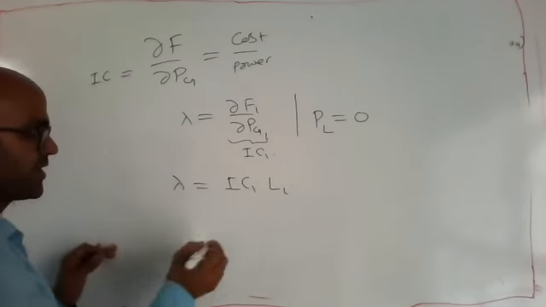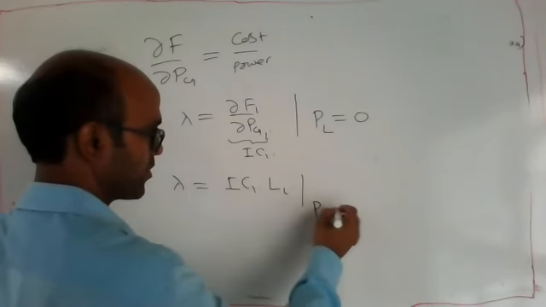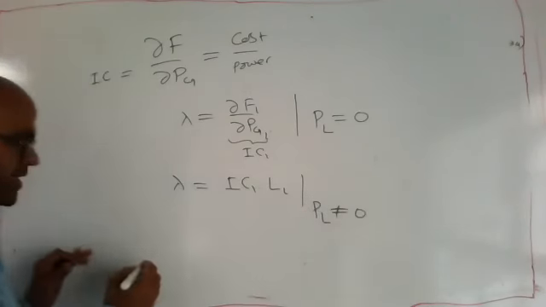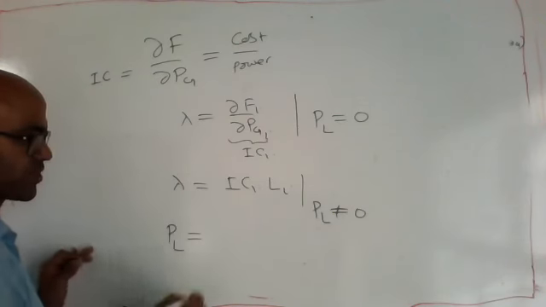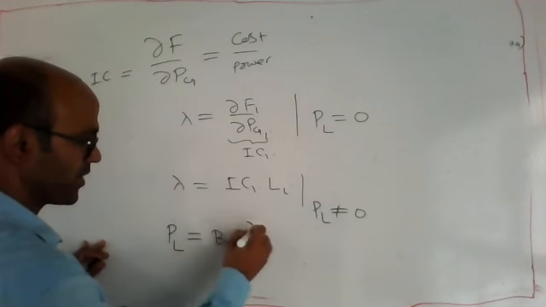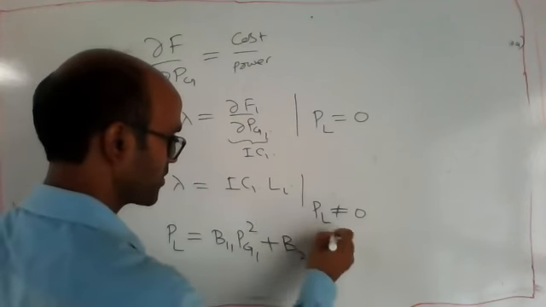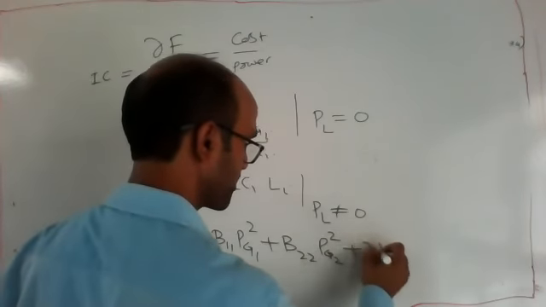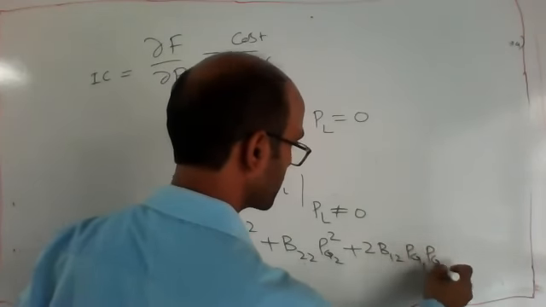In the third case, we assume PL is not equal to 0 and find the expression for PL: B11 PG1 square plus B22 PG2 square plus 2 times B12 PG1 PG2.